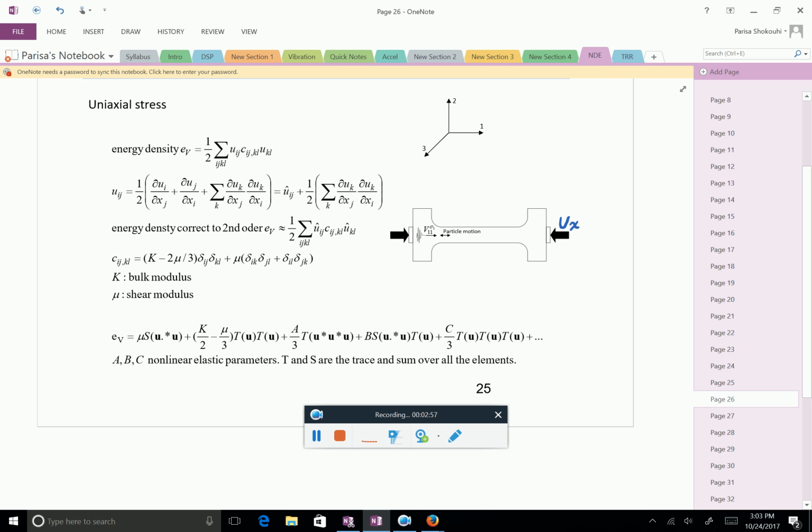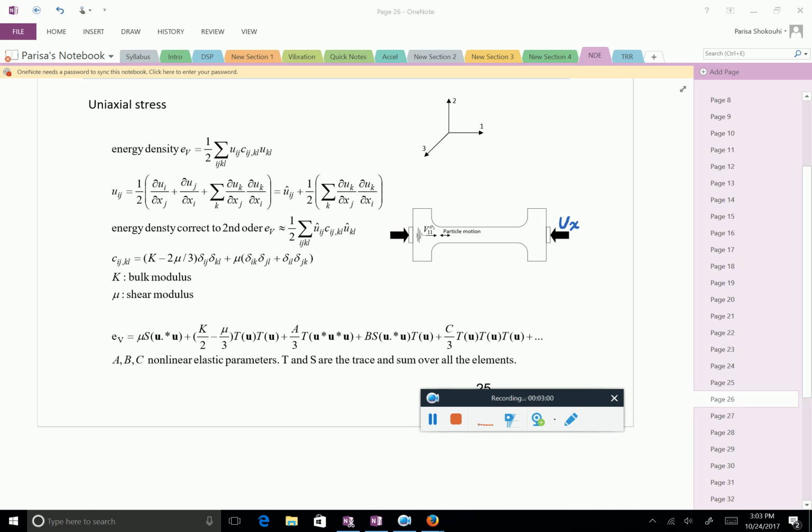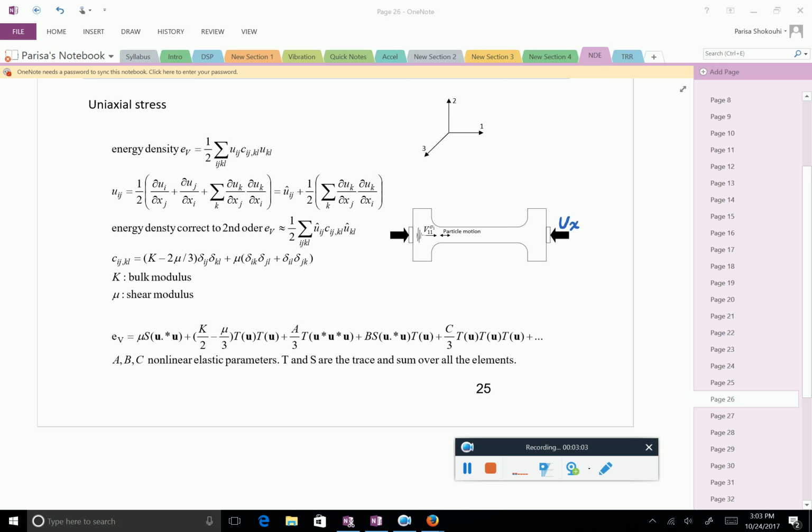So the way to demonstrate why we have an increase or decrease in velocity when you apply quasi-static stress is to know that when you are just looking at second order terms, like when you are just using elastic modulus and shear modulus, you are ignoring a whole bunch of terms in the definition of energy density. What is energy density?